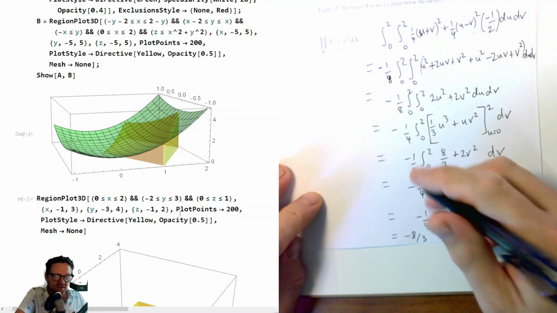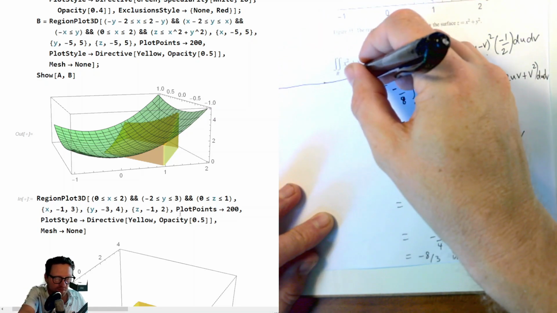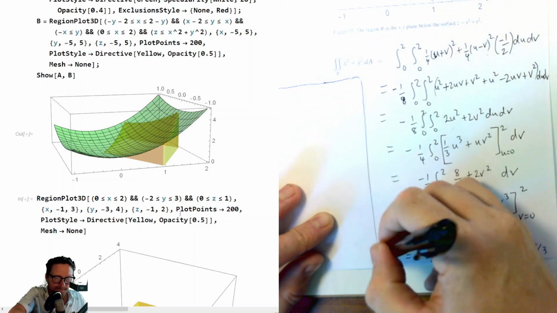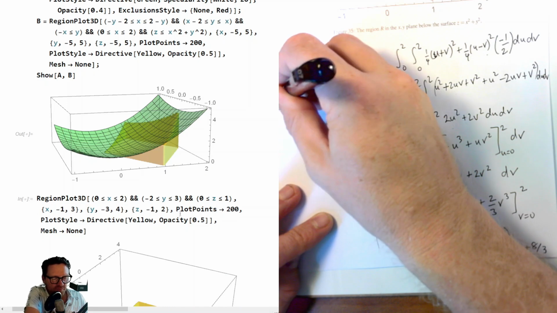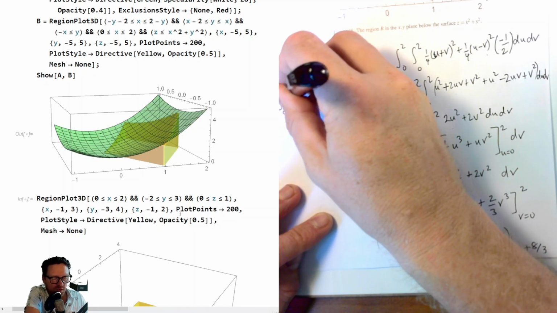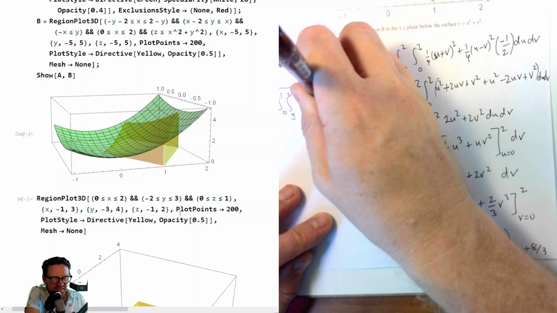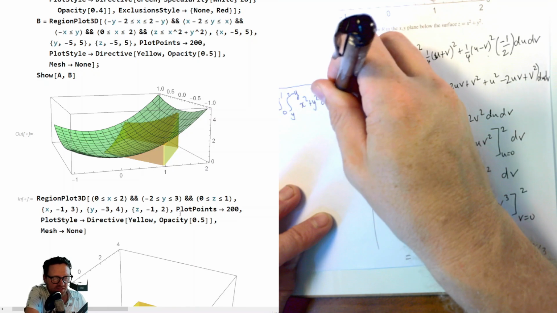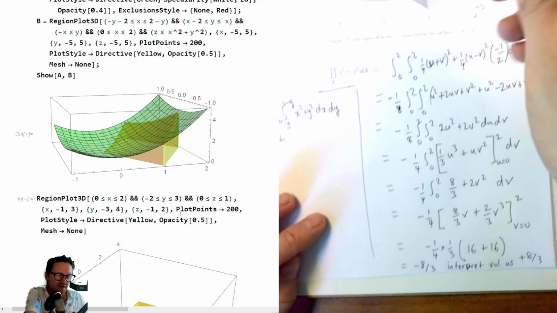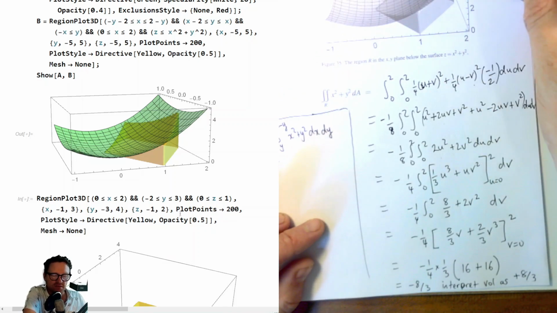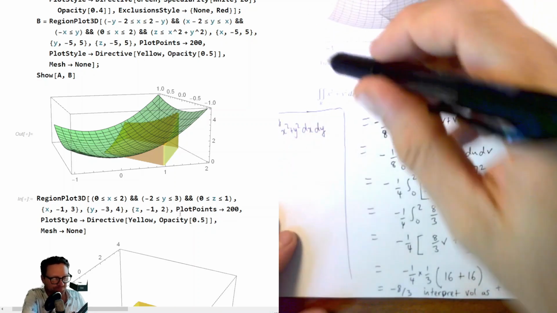Now, there's another way to do this. If we never change coordinates, well then we would be calculating the integral from 0 to 1, x goes from y to 2 minus y of x squared plus y squared dx dy, and adding that to, now all we're doing here is we're slicing this down the middle and taking this as the sum of two integrals.